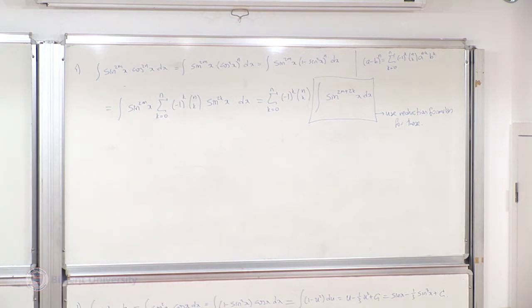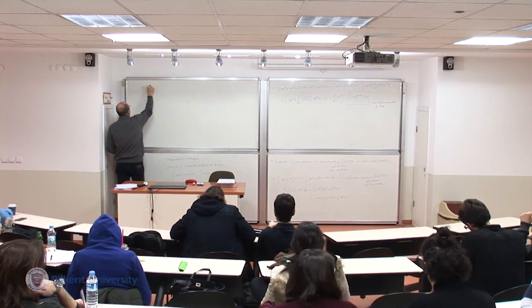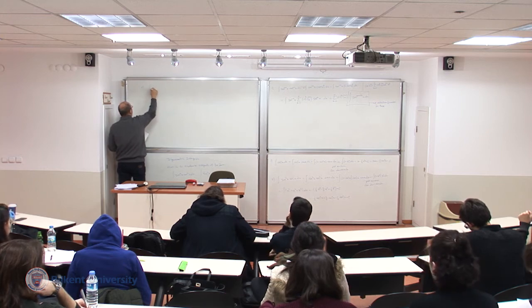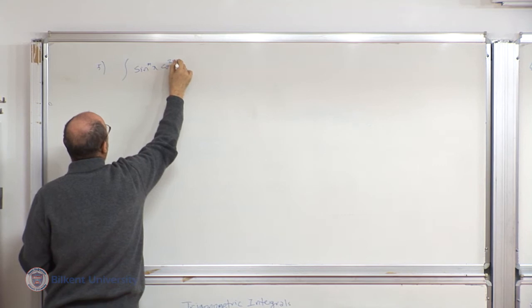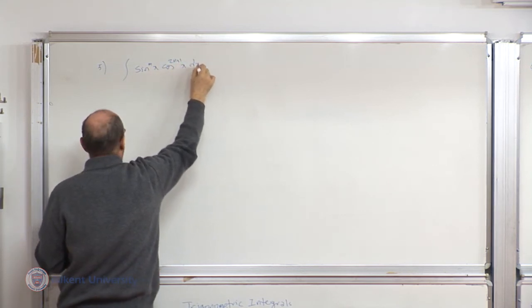In that case, we have an exact formula without going to reduction anymore. Here you have to use reduction formulas depending on the power. Okay, so suppose now we have integral sine^m x cosine^(2n+1) x dx.